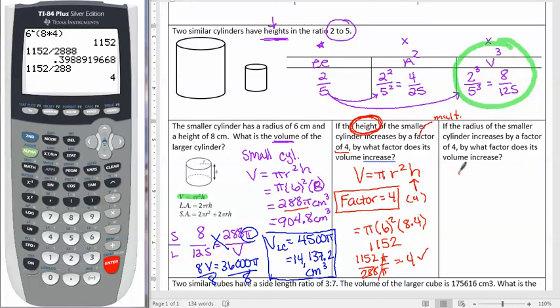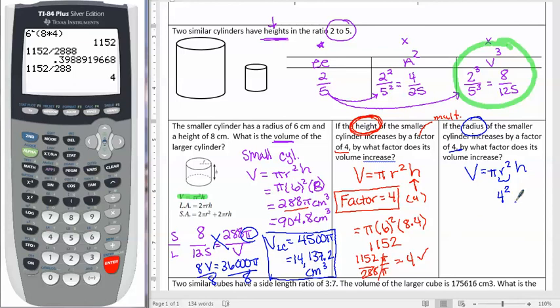So let's see. I have my formula. So where am I putting in the 4 now? It says the radius. So where's my radius? It's here. So what do I do to my radius? I square it. So I'm going to take that 4 and I'm going to square it.